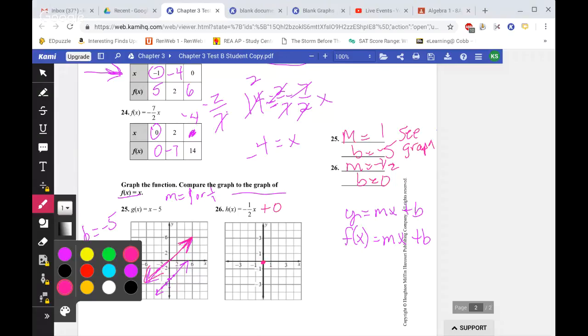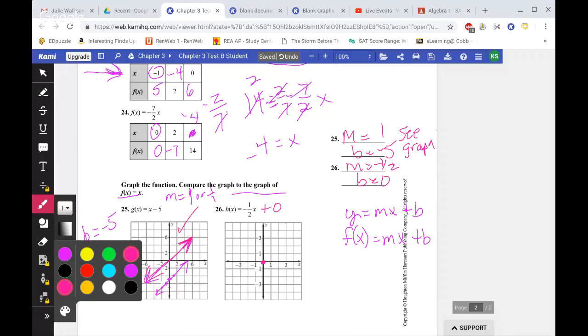Should we maybe label them, or put them in colored pencils? You don't really have to. For the most part, I will probably know. On this one, I will know for sure because it's going to be dropped down 5. This one's going to be kind of interesting because it's really close. It's going to be 2 lines that kind of intersect each other.